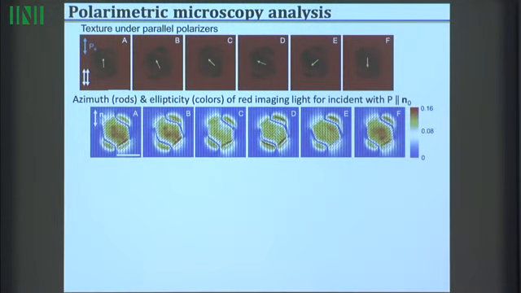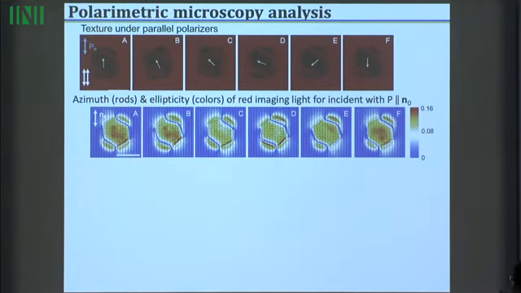And so we can probe what actually happens during all of these stages, because we can do video microscopy with polarimetric capability at the same time. So as you're taking this type of images and you do it for different polarization states of incident light, then you can recover the azimuth and ellipticity.